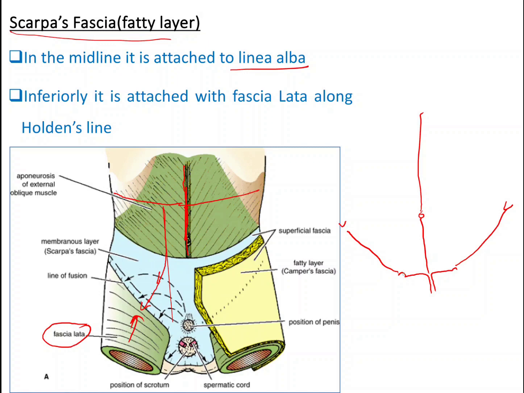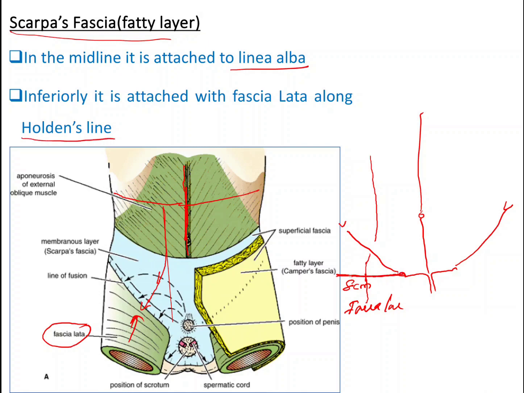If we make an 8 centimeter long line from the pubic tubercle, this membranous layer passes behind the inguinal ligament. Here we have the fascia lata in the thigh, and the membranous layer is fused here. This line of fusion is known as Holden's line.